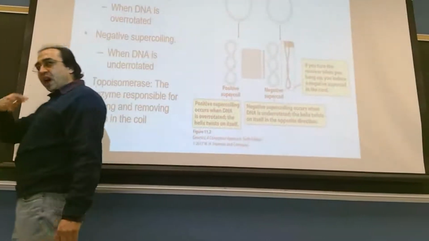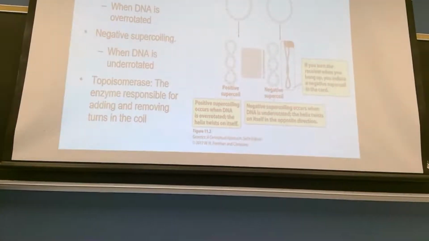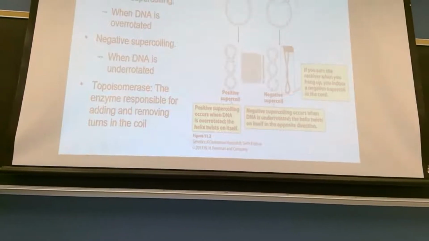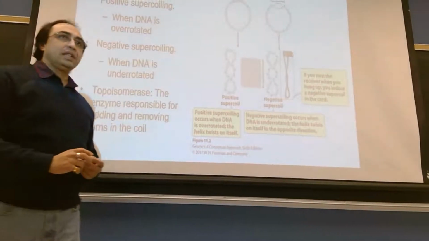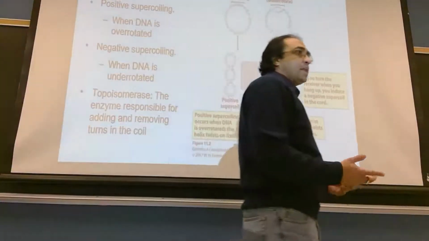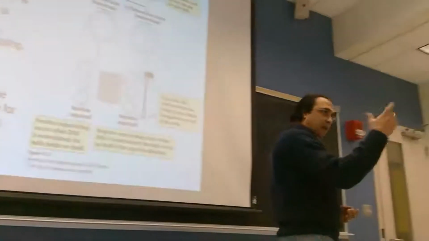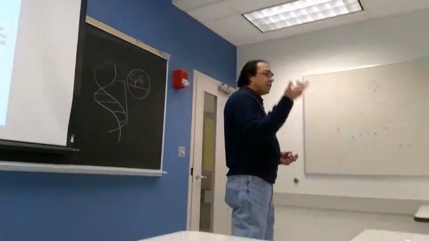If they are a little bit unwound, just like this one, that is called under rotation. In case of under rotation, there are less than 10 base pairs in a DNA per turn. In such case, it is called negative supercoiling.